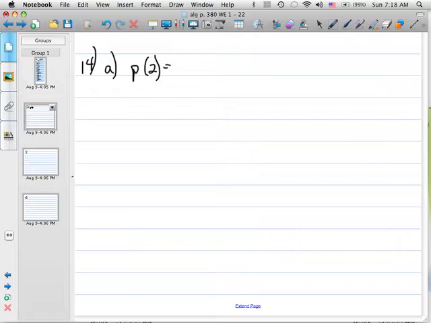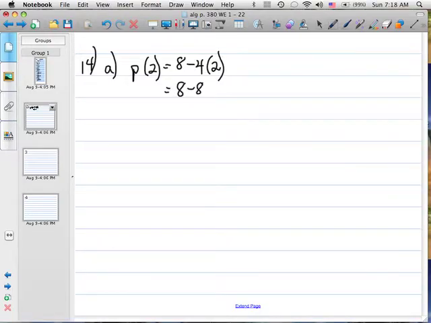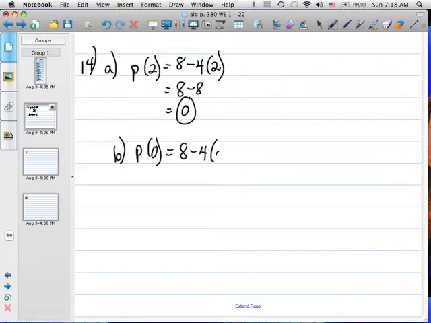So we're going to put 2 in for 8 minus 4 times 2, which equals 8 minus 8, which is 0. And then B, we're going to evaluate P at 0. So it's going to be 8 minus 4 times 0, which equals 8. 4 times 0 is 0.